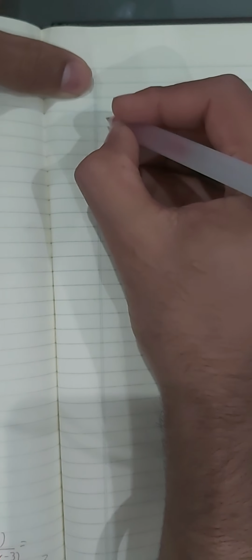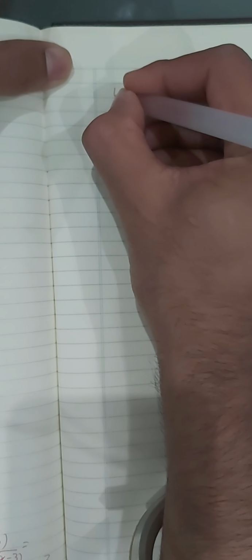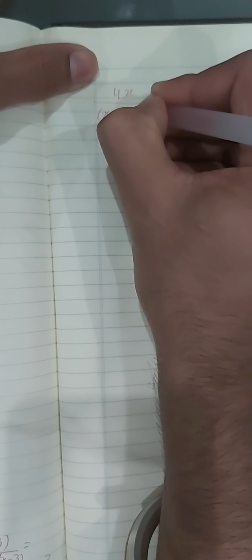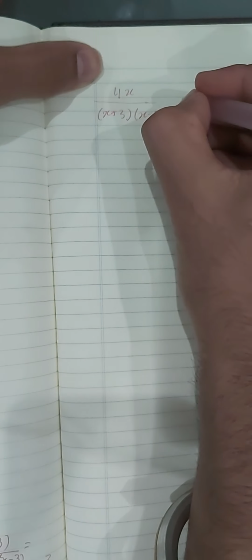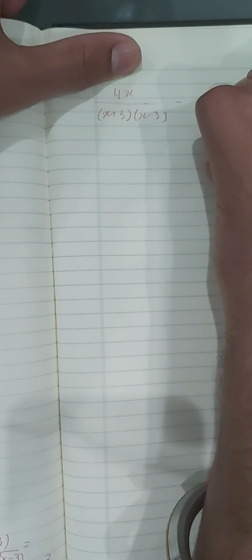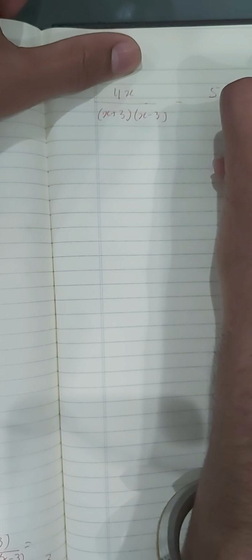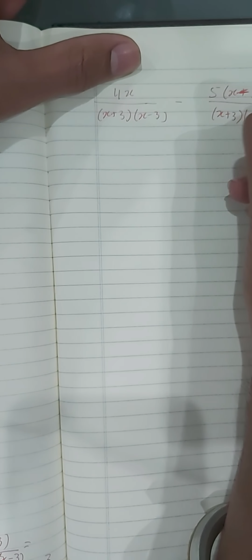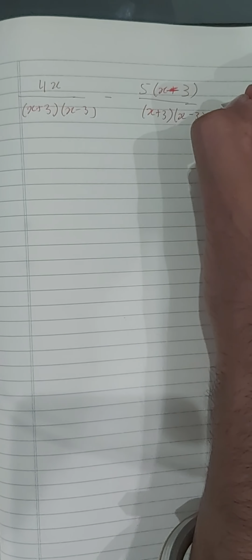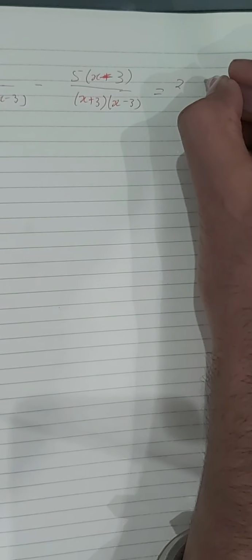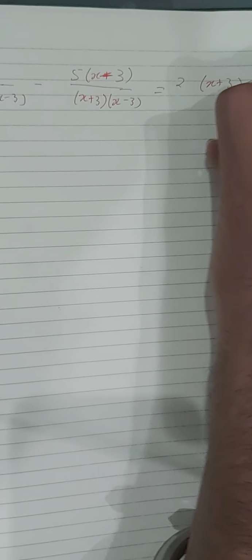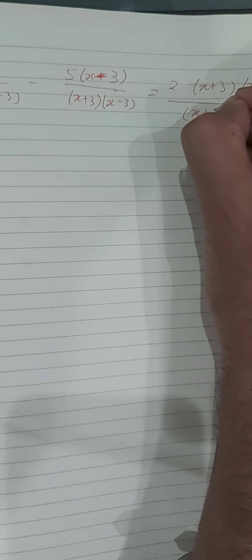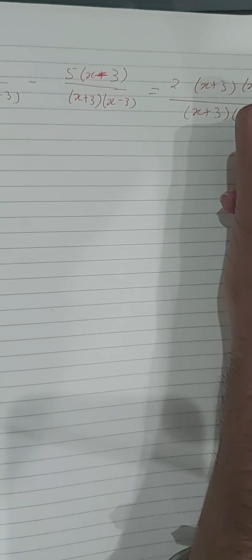So you have the new equation as 4x over x plus 3, x minus 3, minus 5 times x minus 3 over x plus 3, x minus 3, which equals 2 times x plus 3, x minus 3, all over x plus 3, x minus 3.